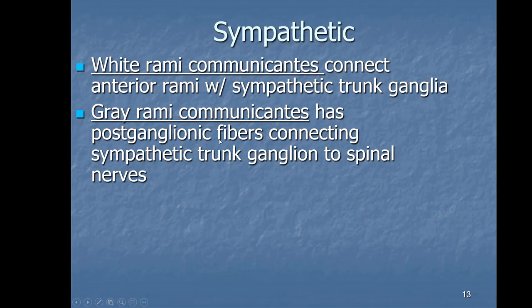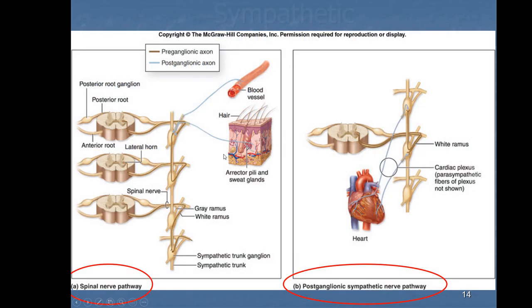The postganglionic fibers connect the sympathetic trunk ganglion back to the spinal nerves. So that would be in this example here where this postganglionic is going back through the gray and then it's going to go somewhere else. So key point, if you look right here, this is always the white ramus communicans or white ramus. This one's always the gray because this one has myelin, this one does not.